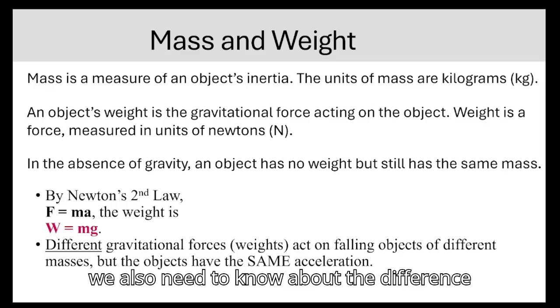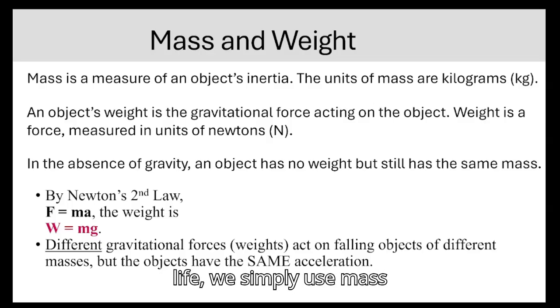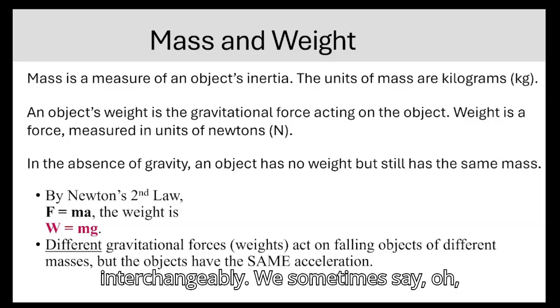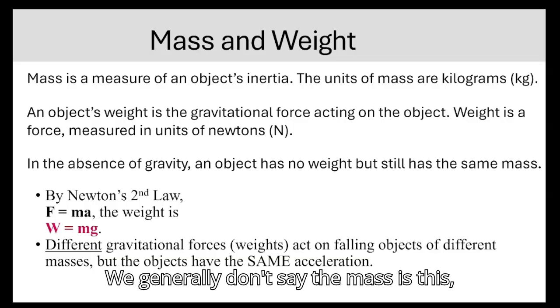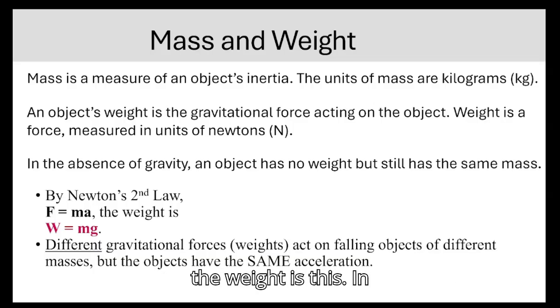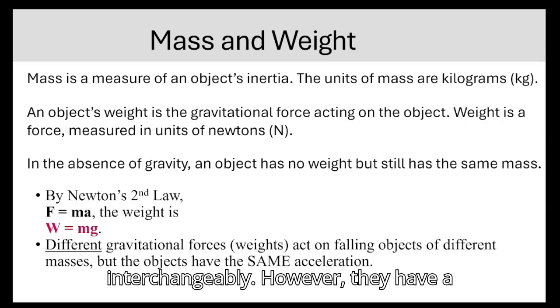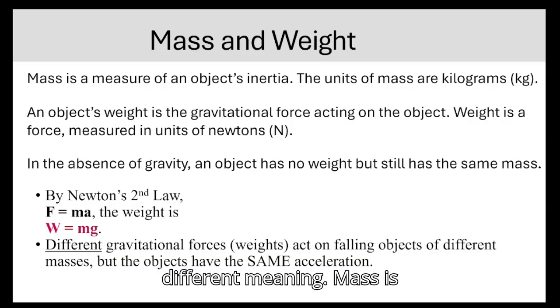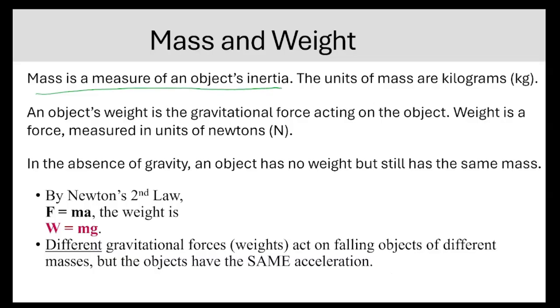And we also need to know about the difference between mass and weight. In day-to-day life, we simply use mass and weight interchangeably. We sometimes say, oh, my weight is this much, though we generally don't say the mass is this or weight is this. However, they have a different meaning. Mass is a measure of an object's inertia, and the unit of mass is kilogram.